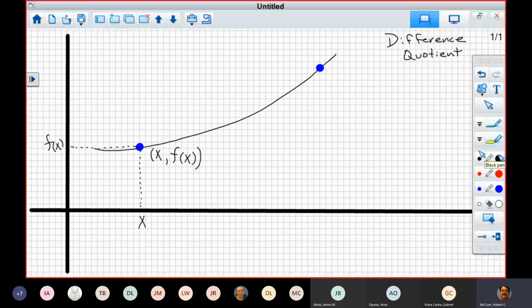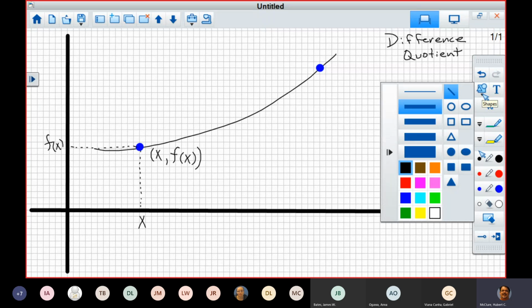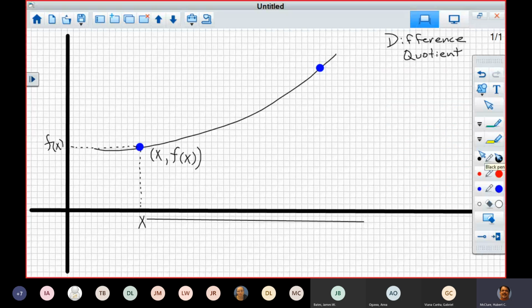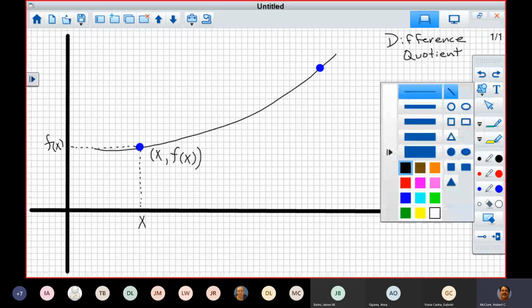Now, this other point has an x and y also. We're going to write it a little bit different, because this distance right here, oh, please, I put green. Damn Russians. All right.